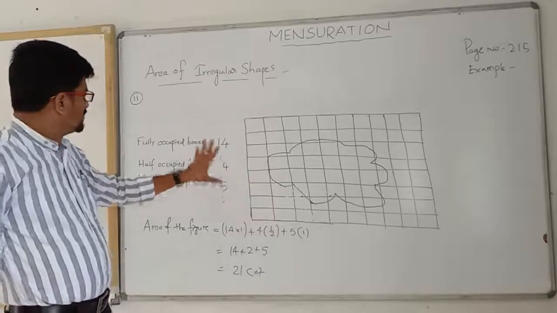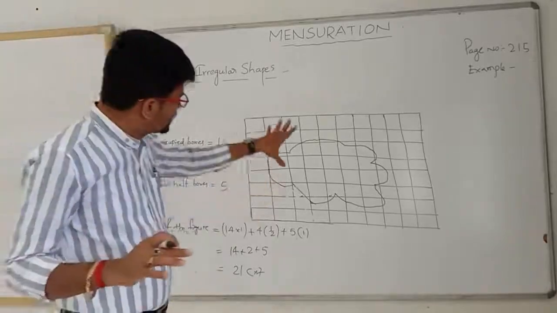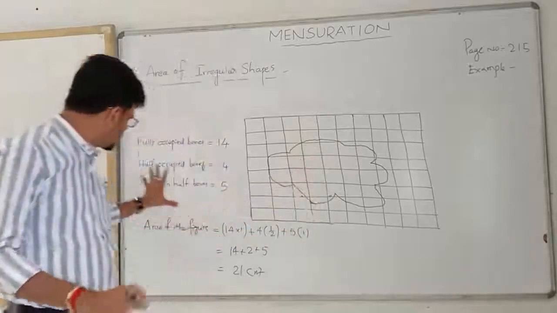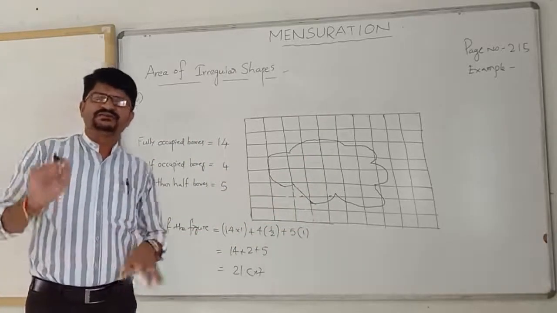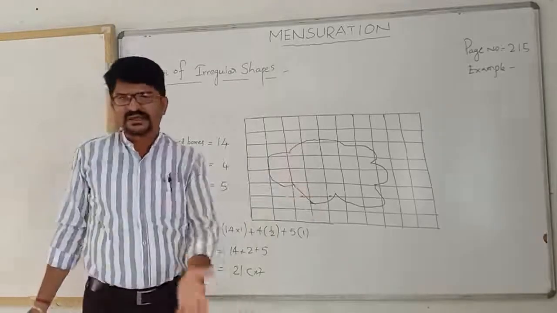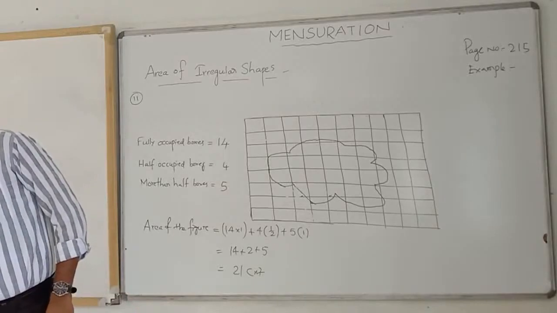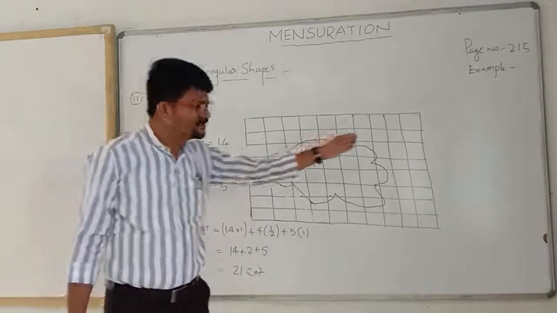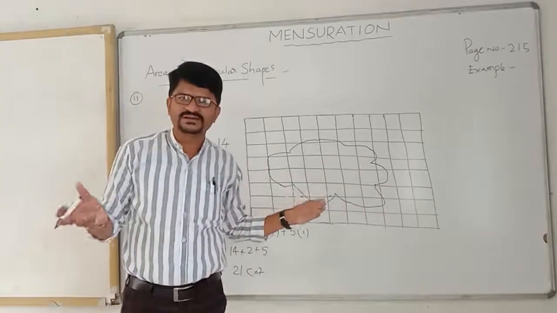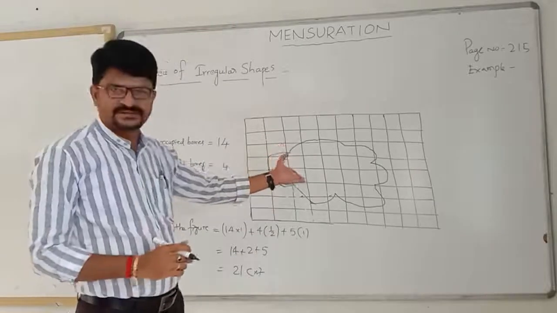Clear? Like this. If you are able to draw the same picture, you can get this answer. Otherwise, the picture is different, because the textbook answer is different. Textbook answer is 19 and a half. We got 21 now, because the shape of the drawn picture is different.